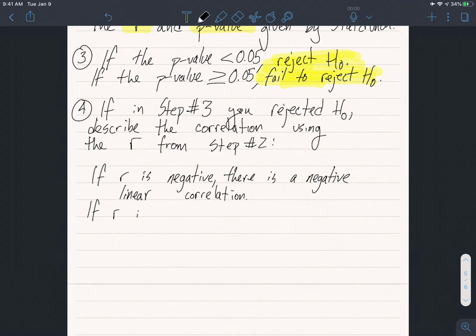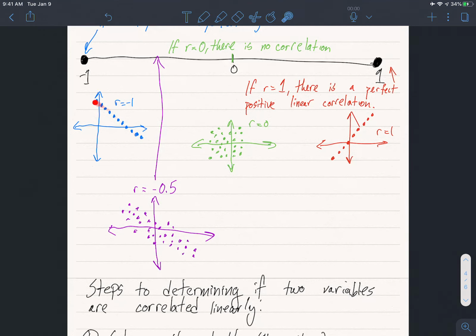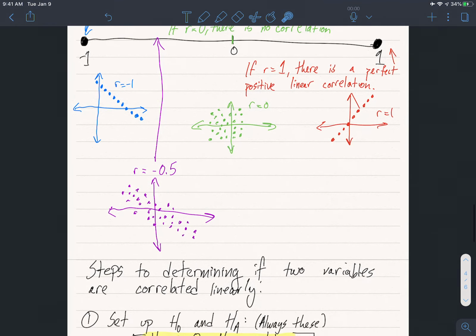If R is positive, there is a positive linear correlation. So it actually works out. The sign of R also determines what type of correlation we have, right? If R is negative, then it's a negative correlation. If R is positive, it's a positive linear correlation. Just like here, R is negative 0.5, so there's a negative linear correlation. R is positive 1, then there is a positive linear correlation, right?